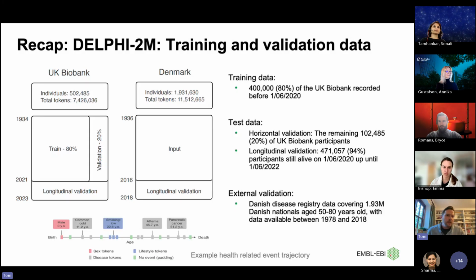We used that cohort to train our model, splitting the data in the traditional 80% training to 20% validation. But we also held out some information later in time, which allowed us to do some longitudinal validation.